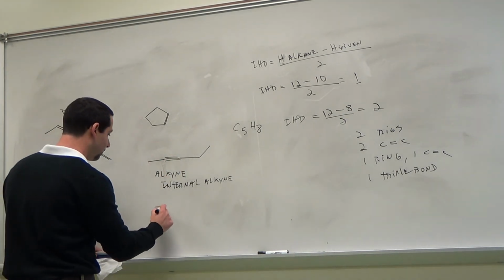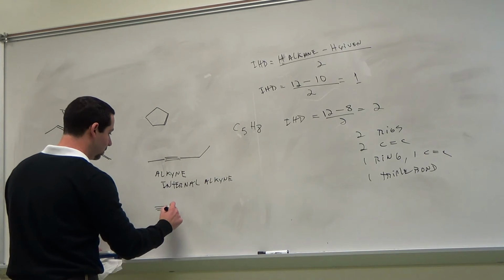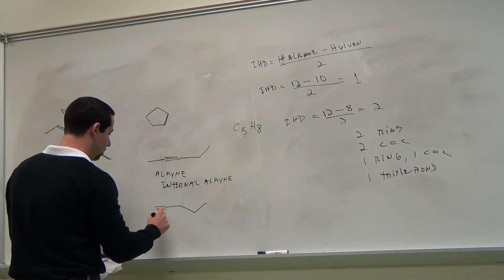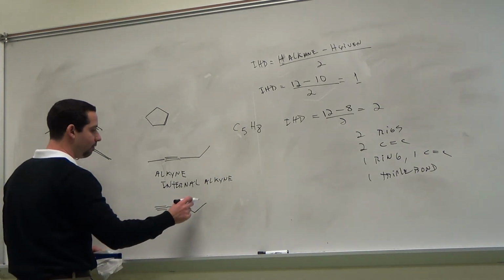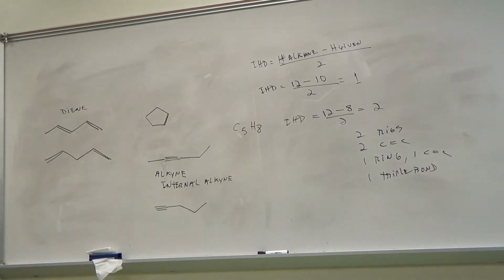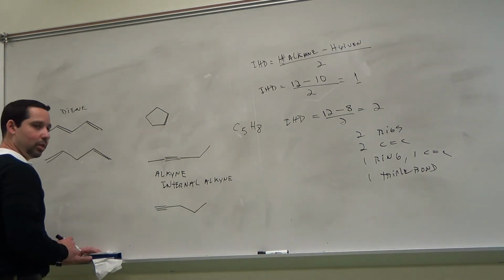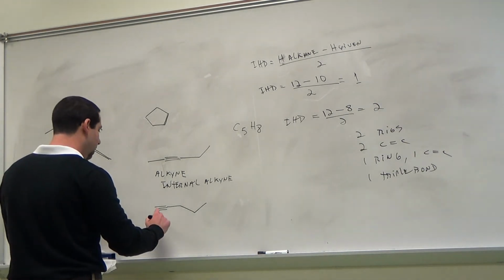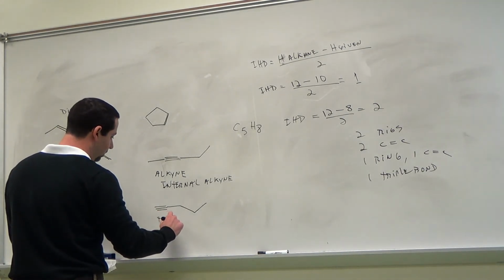But we can have 1, 2, 3, 4, 5. Is this another possible structure where the alkyne is ending the chain, yes? This is called a terminal alkyne.